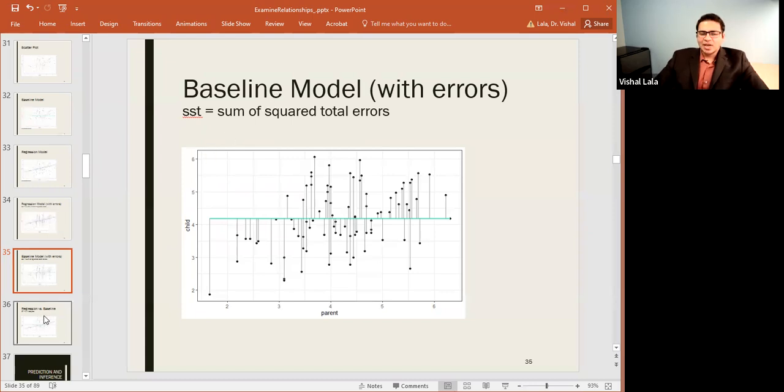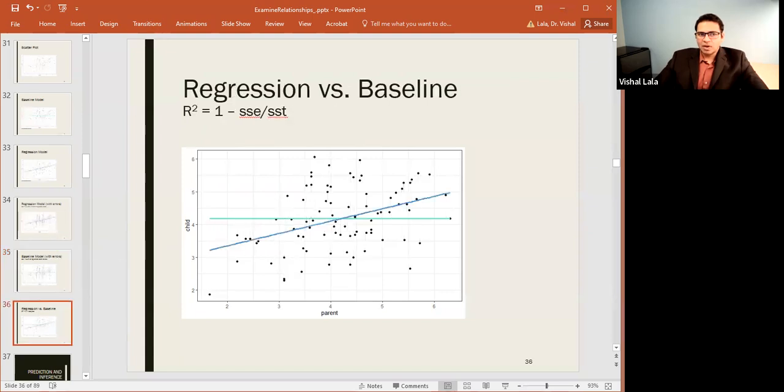So what we have right now is two measures. The measure for the green line, let me abbreviate that as SST. SST then represents, in a sense, all the error in prediction using that baseline model. And the blue line is representing SSE, where SSE is the total error of all the predictions, or some metric for error of the regression line.